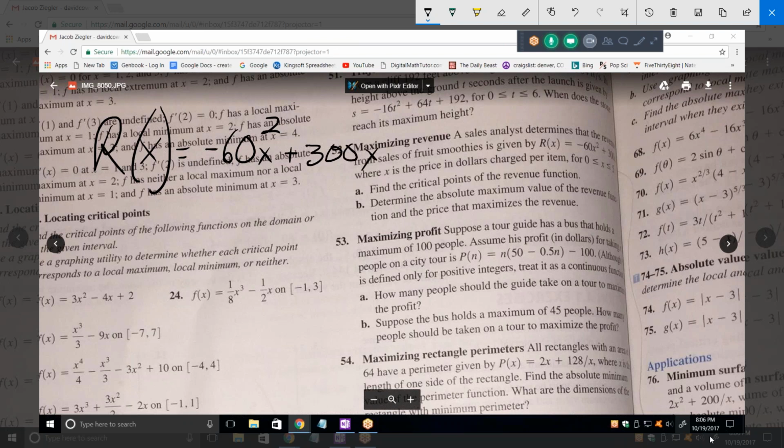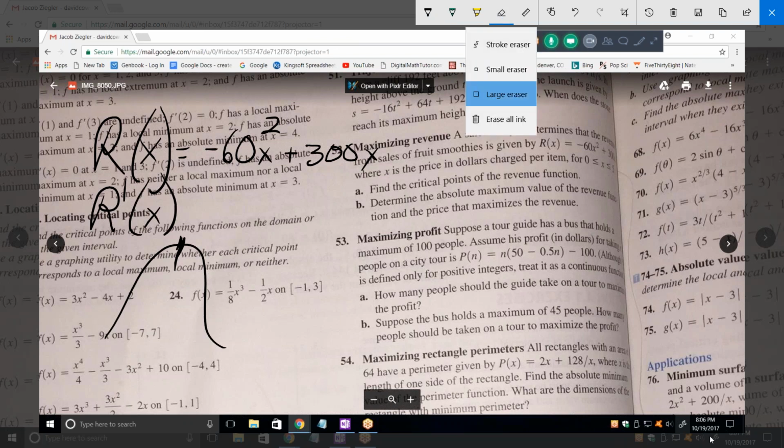Again, that's a parabola, like that. So once we find this point here, that's an absolute maximum also. Okay, how are we going to find it? What's r prime of x? Negative 120x plus 300.